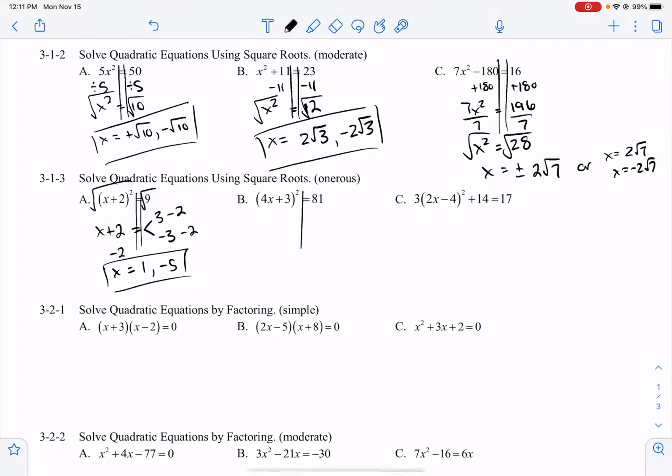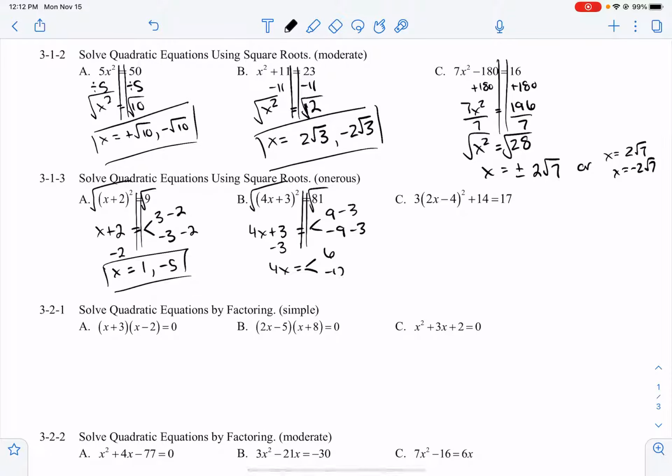B here, we've got square root the left, square root the right. So 4x plus 3 is going to equal 9 and -9. So my next step is to minus 3 on the left. So I also have to minus 3 on the right from both of those answers. So now I get 4x equals 9 minus 3 is 6.